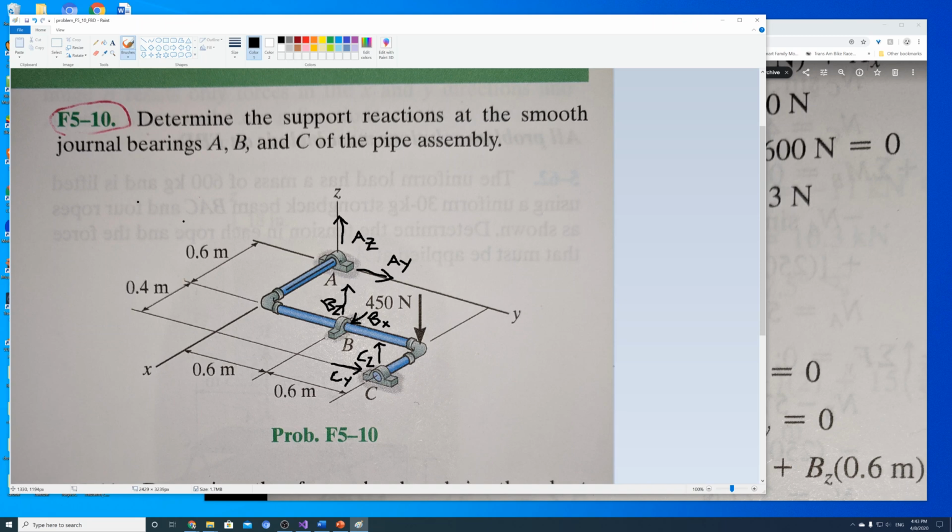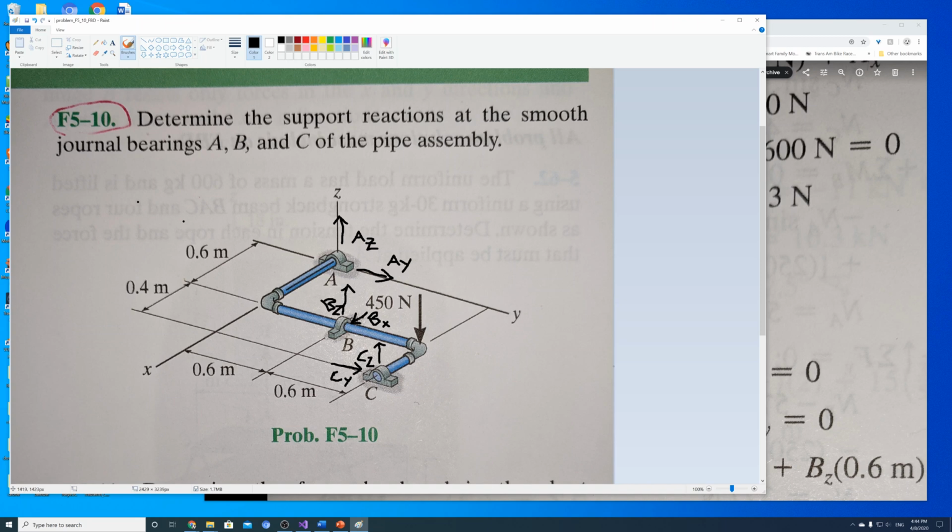But if you pick here, then in the z-axis, when you're saying it's about the z-axis, all you have to do is look for forces and distances in the xy plane. If we look at this from A's perspective, the only forces that can cause a moment about this point are something over here and something over here, because this component is going straight down.